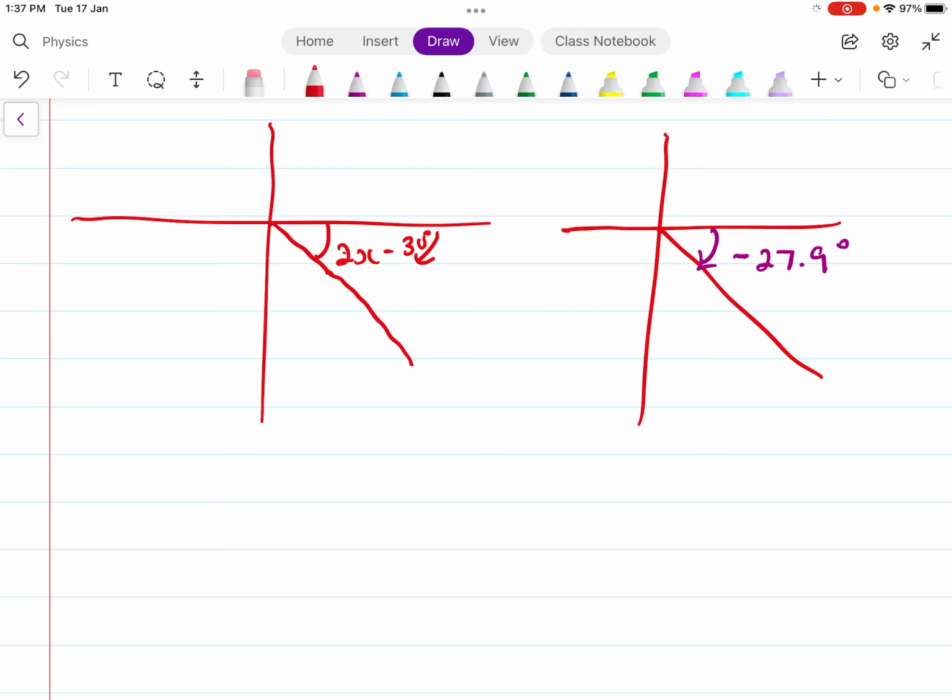Now I equate them together. 2x minus 30 degrees equals negative 27.9 degrees. Of course the negative 30 moves to the right hand side, so 2x is equal to negative 27.9 plus 30, which is 2.1 degrees. So apparently it's okay. Yes, we have 5 answers.